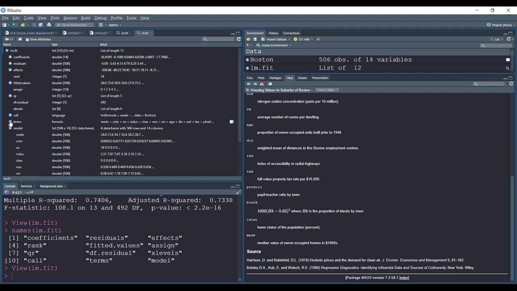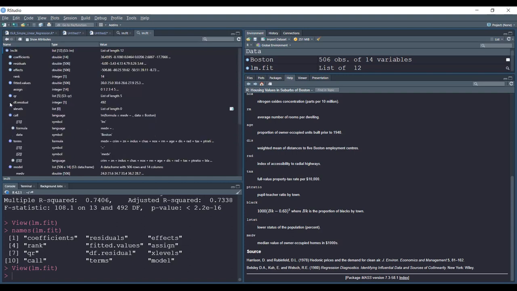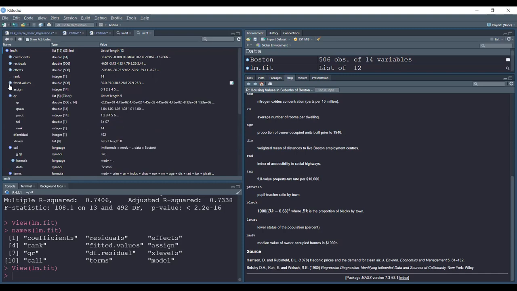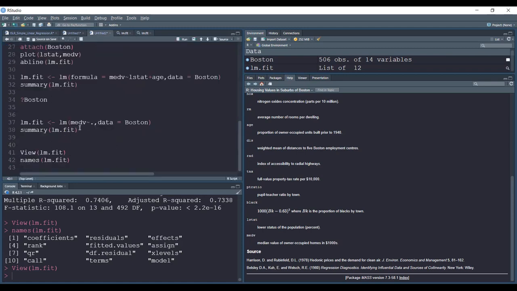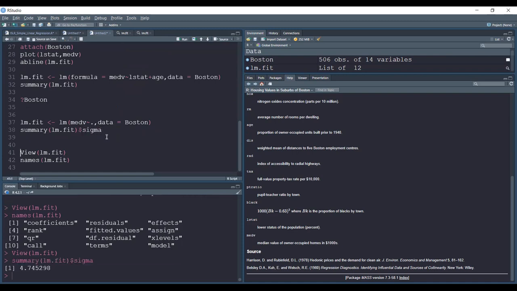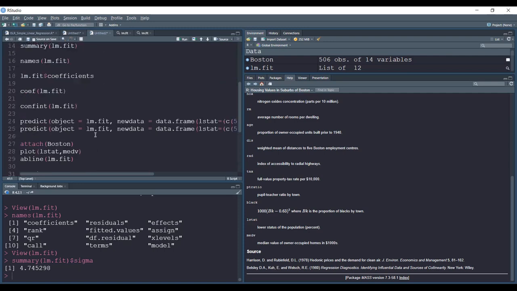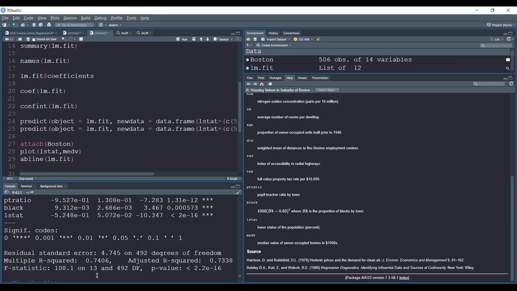None of these. Okay, but apparently, if you type this and sigma, it gives you your sigma. Sigma being the standard error of the error term, the epsilon. Which is this over here, right?